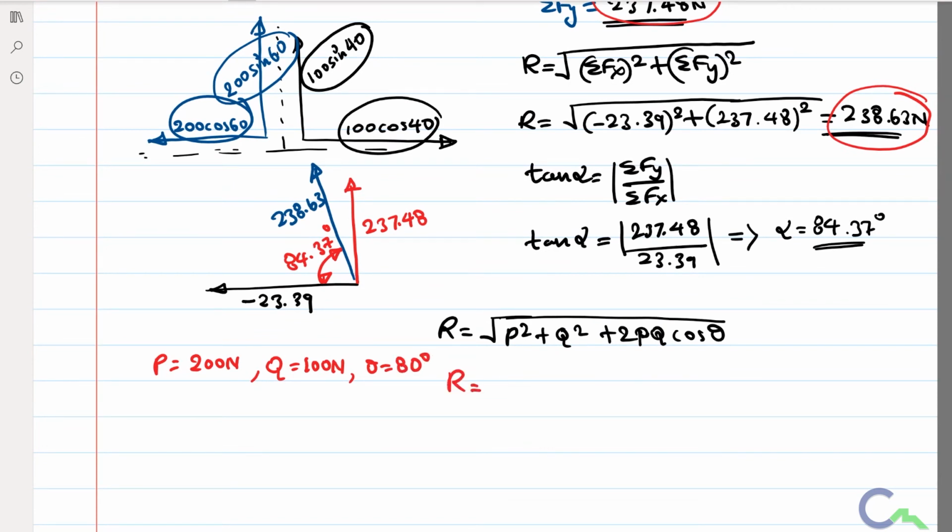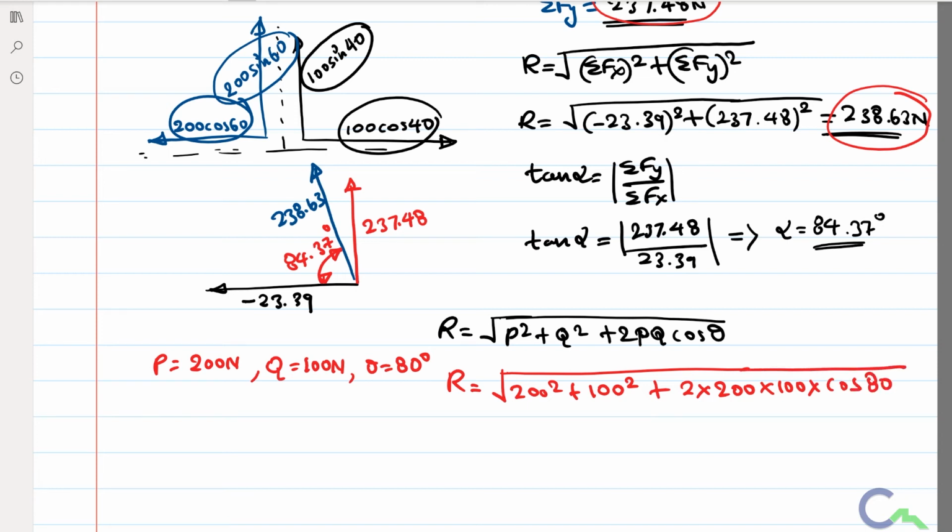So R is equal to root of 200 square plus 100 square plus 2 into P is 200, Q is 100 into cos 80 degrees. If I do the calculation, we'll get 238.63 Newton. So the same answer you are going to get.